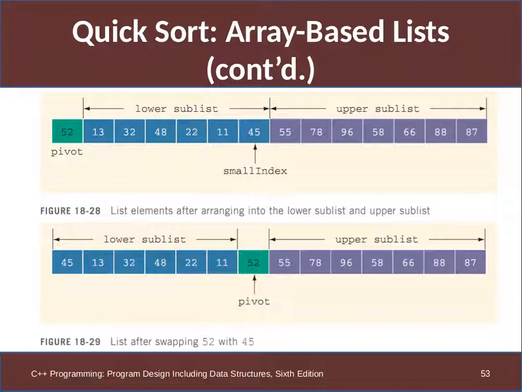Now, I wish I had my old picture up. When we go on this side, how many comparisons are we doing? Because we're going to recurse on this side, choose a pivot. How many comparisons are happening here? Size divided by 2.